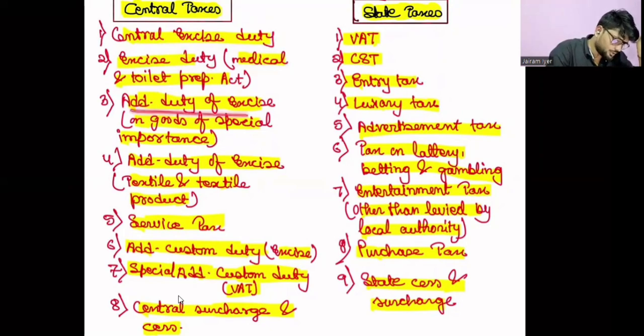Additional duty of excise, that is on goods of special importance, some additional duties were levied. All kinds of excise have been abolished, except those 5 petroleum products, and tobacco will always be there, alcoholic liquor always will be there. Service tax, additional duty of excise for textile and textile products.